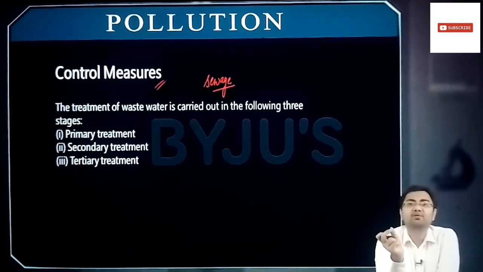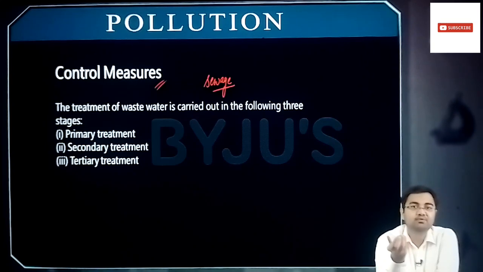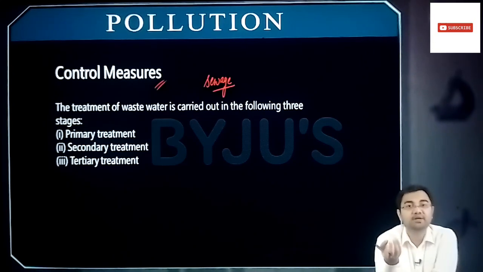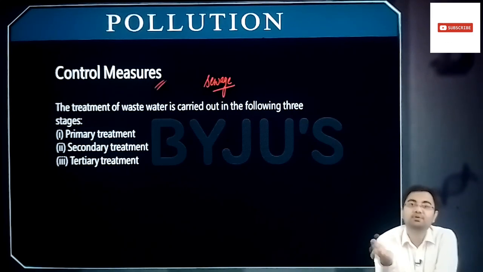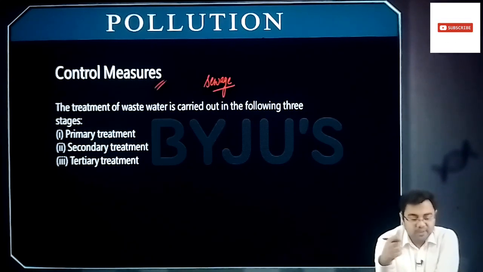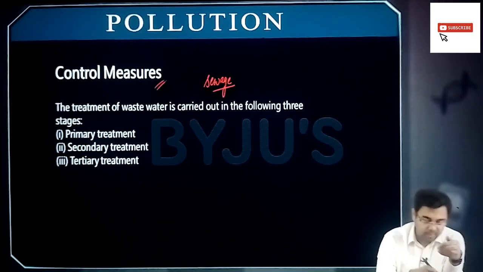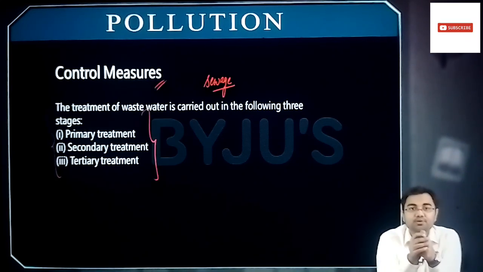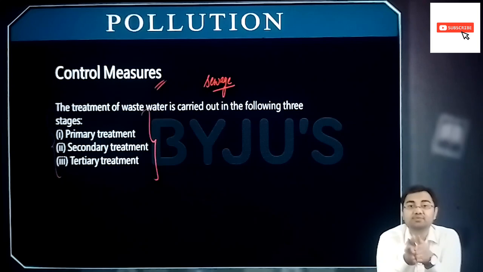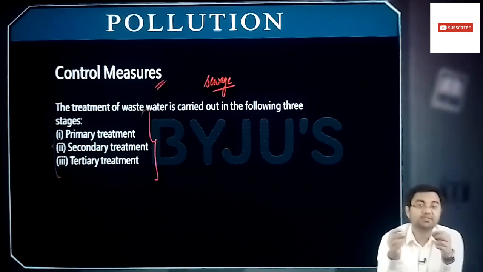Now, for a very long time, the treatment of municipal waste basically involved just the removal of suspended solids, oxygen-demanding materials or the harmful bacteria. That's it. But now the disposal of solid residue from the sewage has been improved by applying municipal processes altogether. So the treatment of this wastewater is carried out in 3 stages: primary, secondary and tertiary treatment.